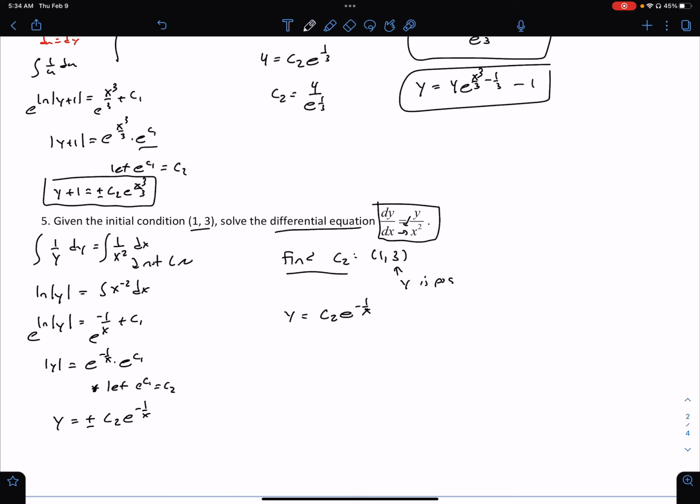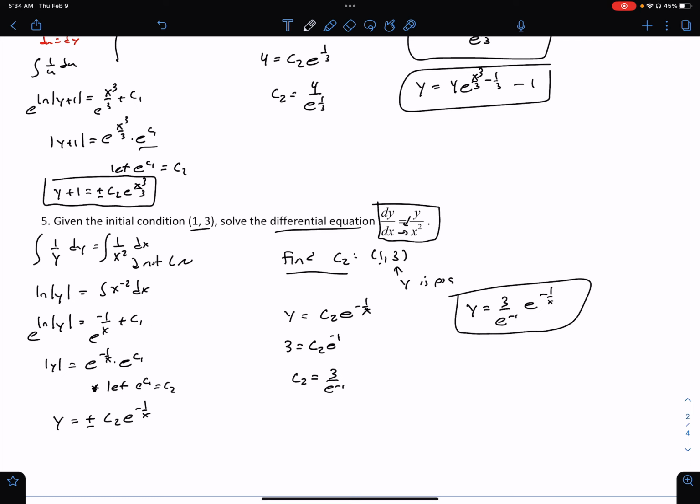So plug in your value, y is 3, we get c2, x is 1, so this becomes e to the negative 1 in fact. So c2 equals 3 over e to the negative 1, and now I get my equation. Y is equal to 3 over e to the negative 1 times e to the negative 1 over x. And that's really it. There's your equation right there.